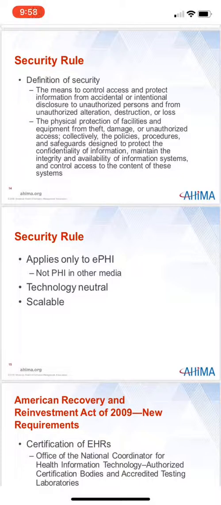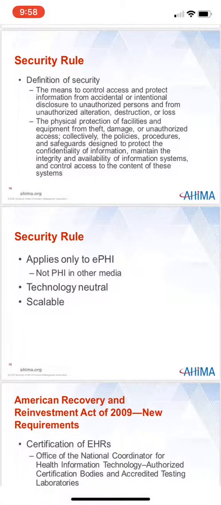The security rule does not apply to PHI in any other media such as paper, oral communication, and microfilm. EPHI can be communicated over the internet, or it can be stored electronically such as on a magnetic drive. Voicemail, fax, and copy machines are not considered to be EPHI.